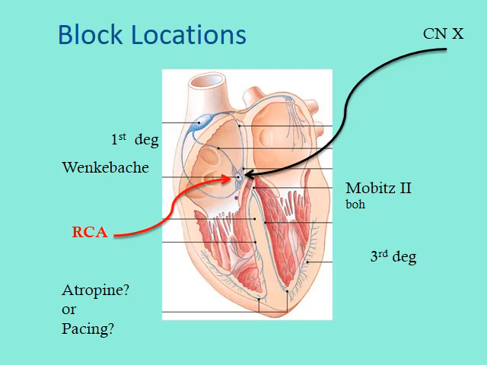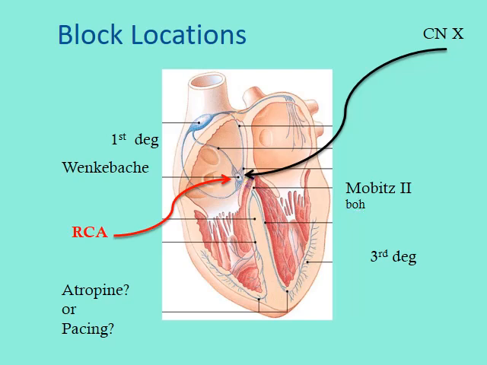And at the level of the bundle of His, the Mobitz 2, second degree type 2, is below that AV node. So we should go to pacing, because atropine's not going to work on it.